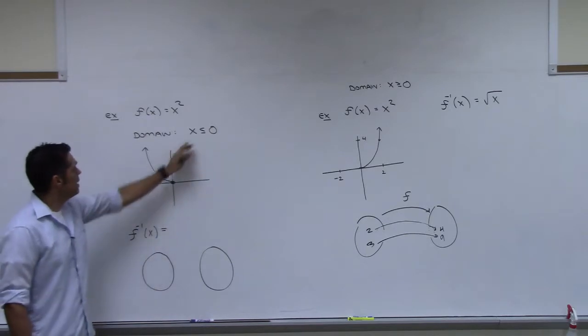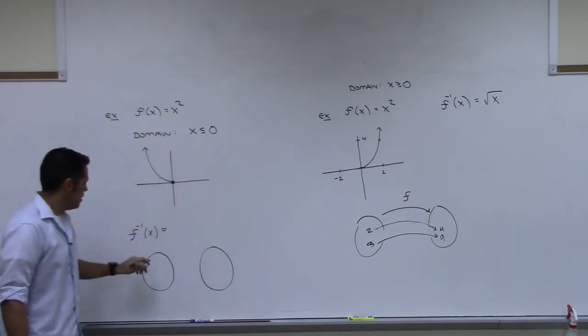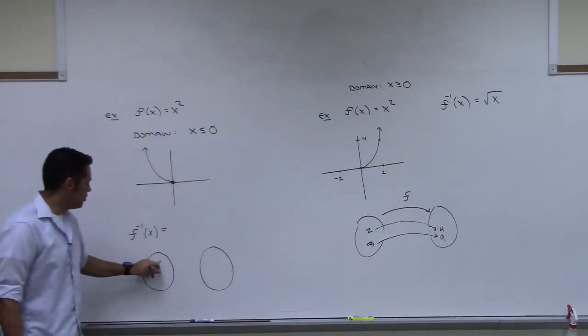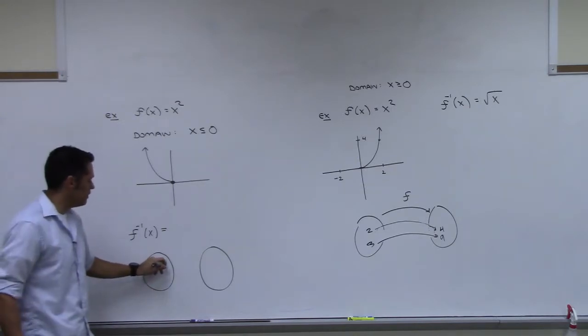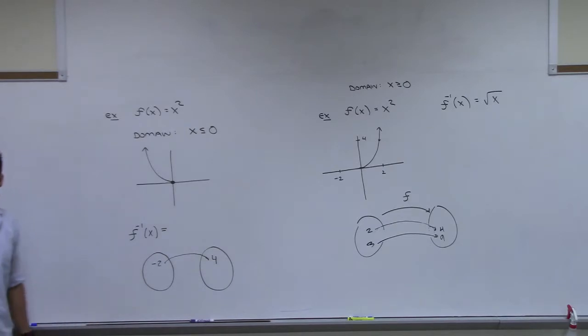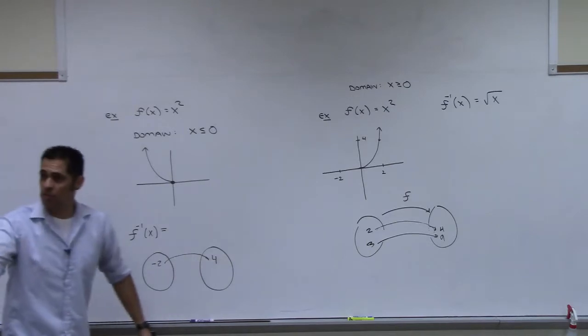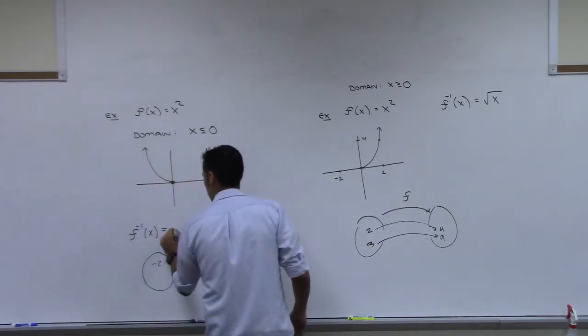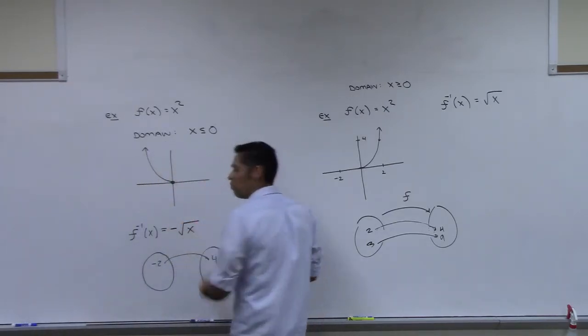And it has to be a negative value or 0. So if I plug in, let's say, -2, where is this function going to send -2? To 4. 4 needs to go back to where? -2, right? So how can I get that to happen? Negative square root of x, right? Okay, negative square root of x would work.